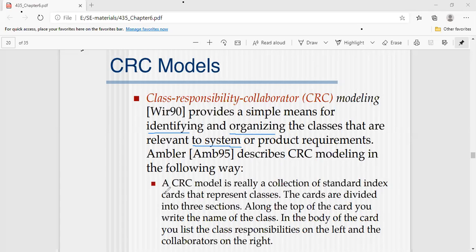And also, a CRC model is really a collection of standard index cards that represent the classes. What are these CRC models? These are a collection of standard index cards to represent classes.